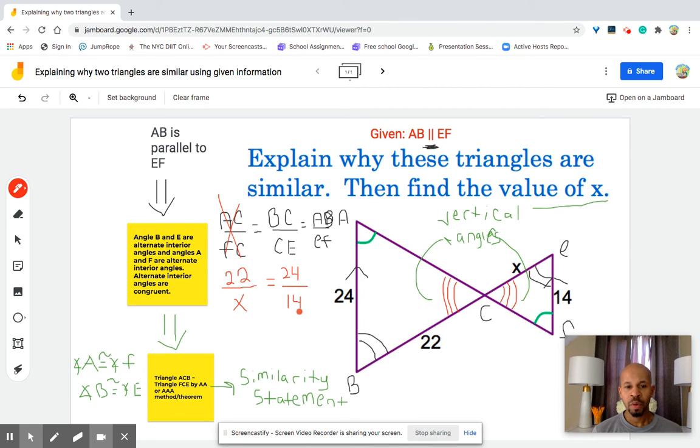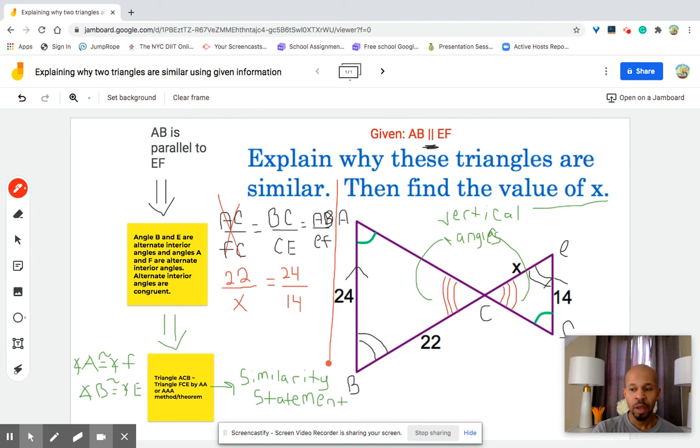All right. So again, we're just simply substituting what we know for BC and CE and for AB and EF. Let me just draw a line down here just so I'm separating this. All we're doing is substituting.